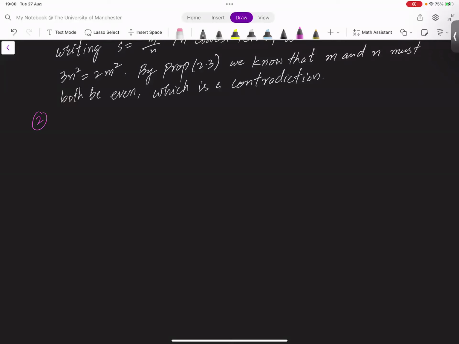For the following statements, either prove or give a counter example.